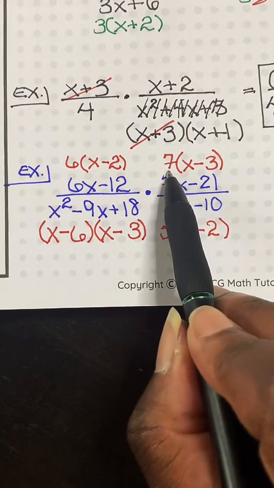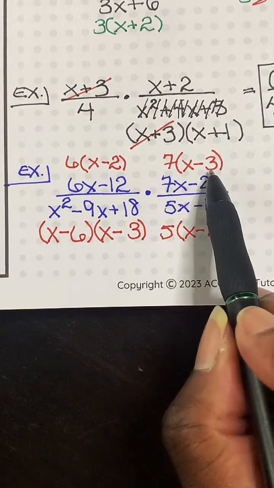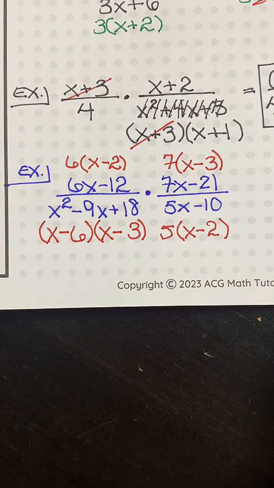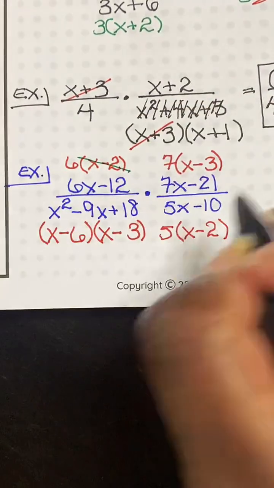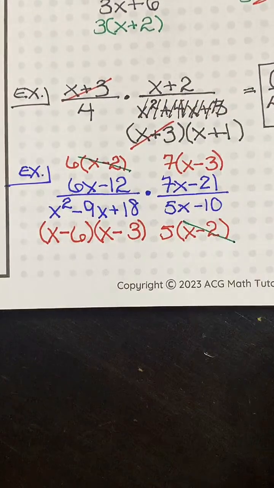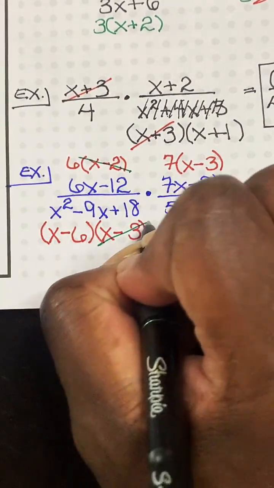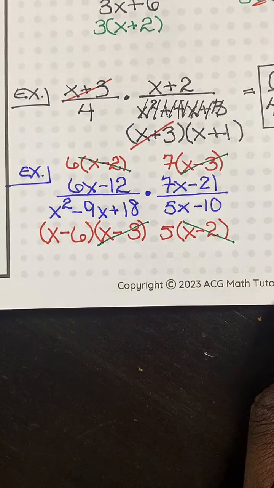So if I pull out the 7, negative 21 divided by 7 will give me negative 3. All right, so you're saying we can cancel out the x minus 2's, okay? Because all this is multiplication. Looking at the parentheses, they're also saying the x minus 3's. Awesome.